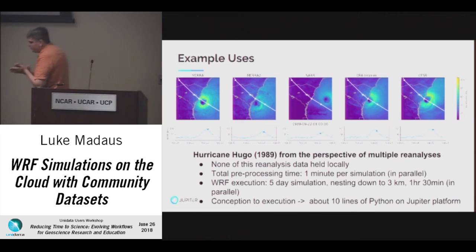Because we have access to so many data sets, reanalysis data sets, climate model data sets, it becomes really easy to do comparisons across these different data sets and to even develop quasi-ensemble type estimates just by changing the initial conditions, by changing the source we're getting them from. So here's an example case.